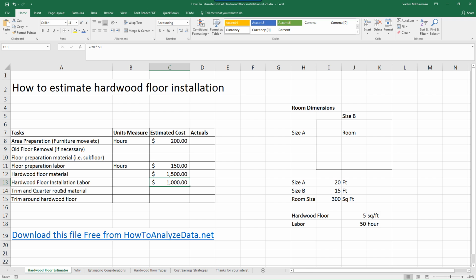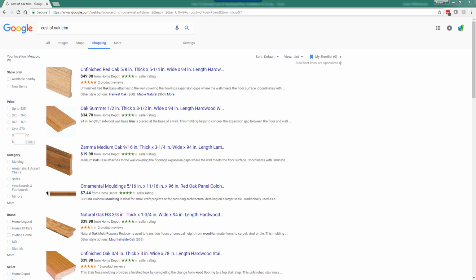Now, this is, as I mentioned, very time consuming. First of all, you need to estimate trim, and this is per linear foot most of the time. Typically trim is at one cost, and quarter round is at another cost. If you go to places like Home Depot, you have different costs for different items, per linear foot.